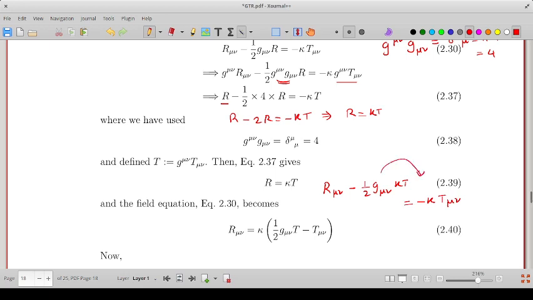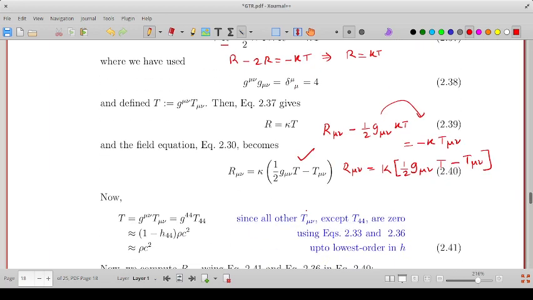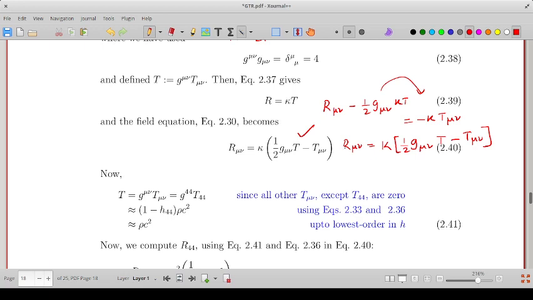I can take this to the right side, and I will have R mu nu equal to K times (T mu nu minus half g mu nu T), and that is this equation. So we have eliminated this Ricci scalar R in terms of the scalar obtained from the energy momentum tensor.